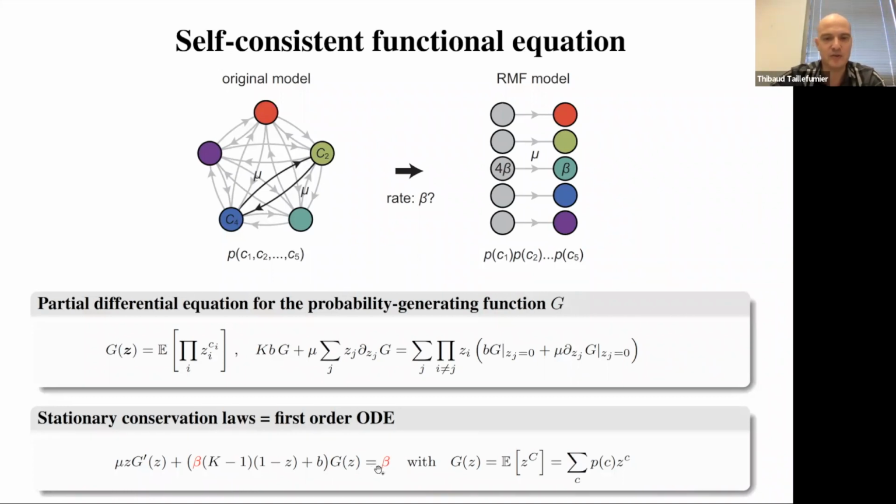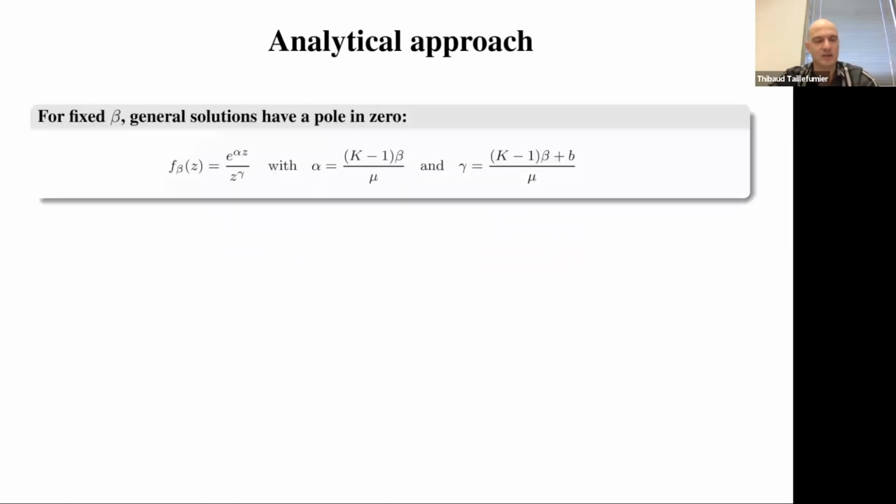So the simplest thing to do is to say, let me assume that I know beta, and let me look at the solution G that I will get. It's an ODE, so it's not too complicated. And you're going to see that if you look in the details, the solutions that come about, assuming that you know your beta, are always going to have something in common: they will have some singularity.